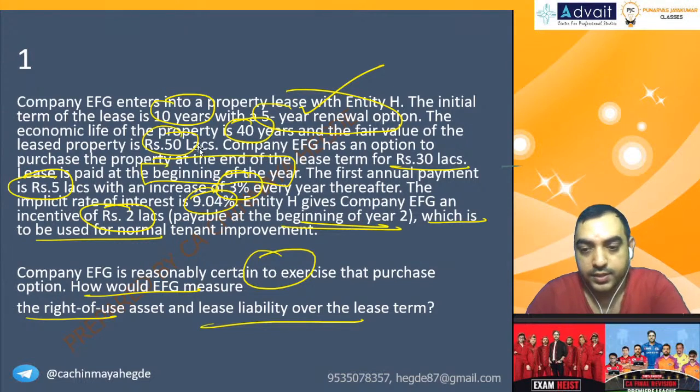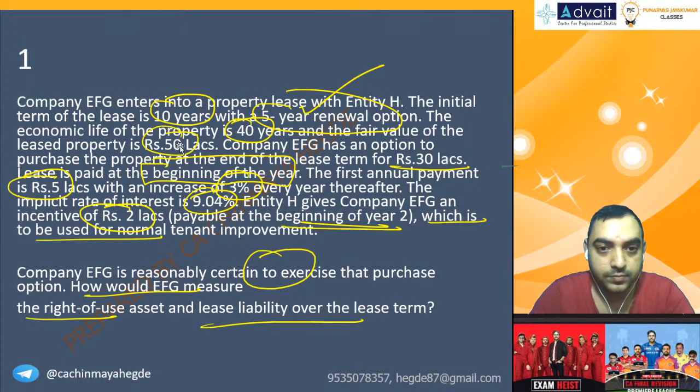Okay, let us calculate lease liability. Let me use year, cash flow, discounting factor at 9.04%, discounted cash flow.